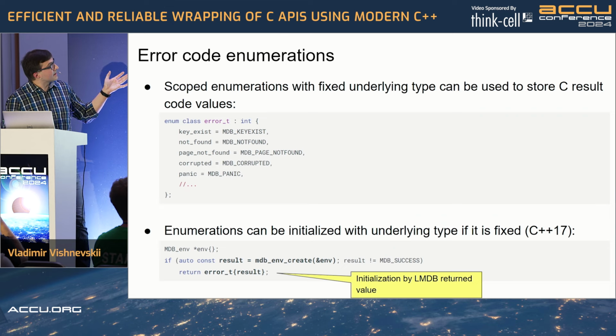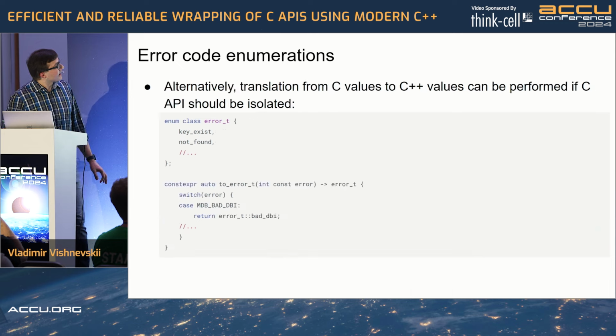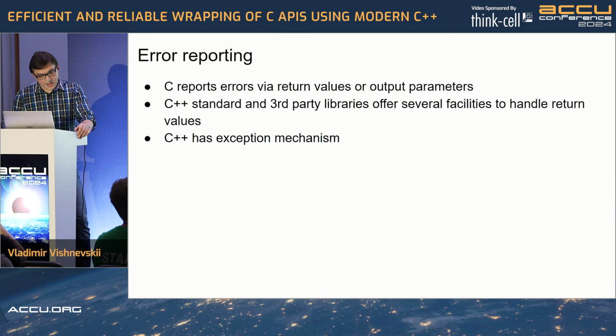This has a limitation: for this to be possible, we need to include the header of our C API into the header of our C++ API. This might not be acceptable if we need to isolate those dependencies for some reason. Otherwise we need to translate those values. Unfortunately, that will not be as efficient, but there will be no other choice.